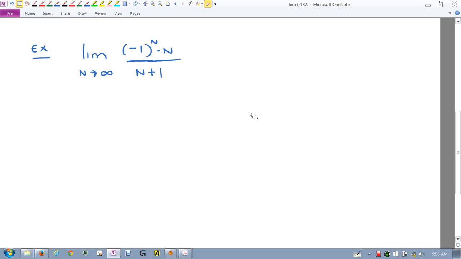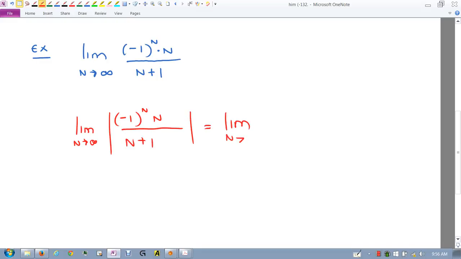So how about the absolute value? I'm going to show you this because you'll see. What's the limit as n goes to infinity of the absolute value of this? So how does the absolute value around that whole thing change the problem? I mean, what's the only thing that changes now? That (-1)^n, it's gone, right? It's like a 1 now.